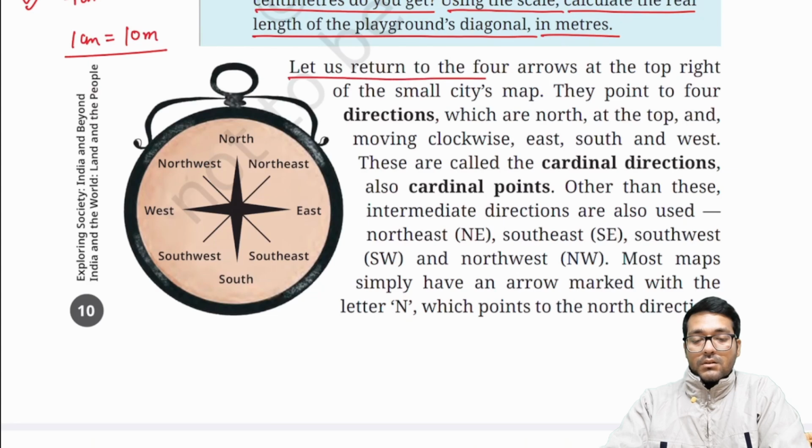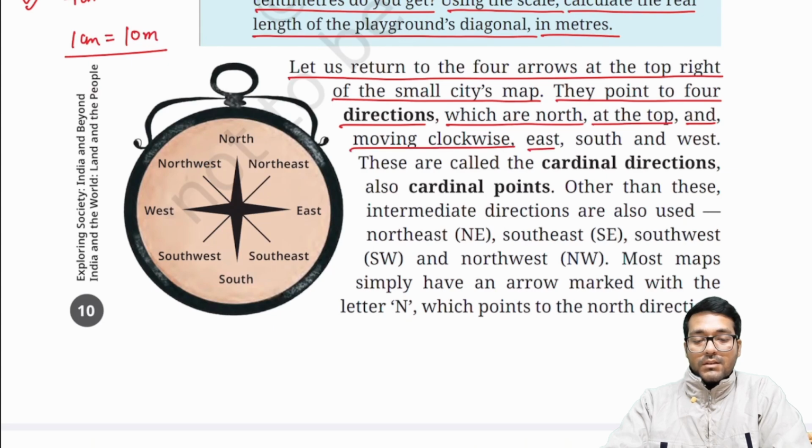Let us return to the 4 arrows at the top right of the small city's map. They point to 4 directions, which are north at the top and moving clockwise, east, south and west. These are called the cardinal directions. This is north, this is east, this is south and this is west.